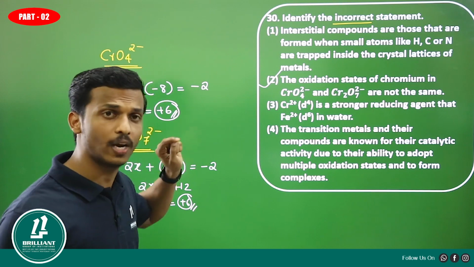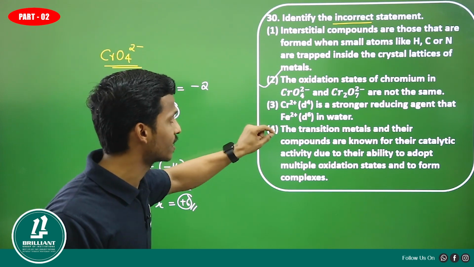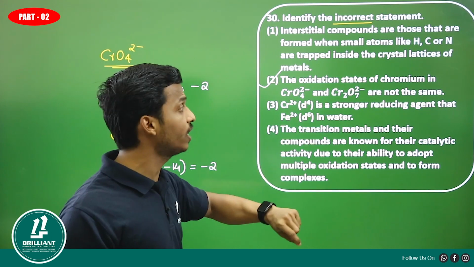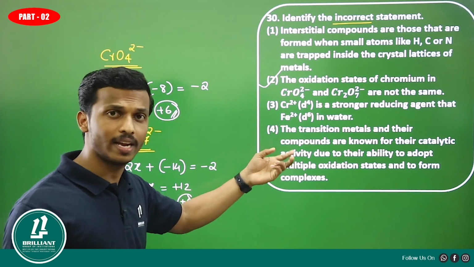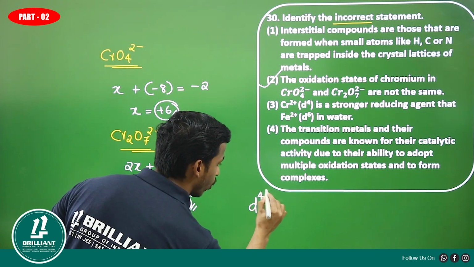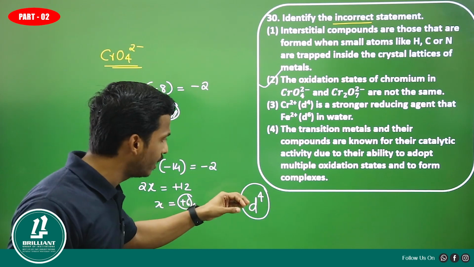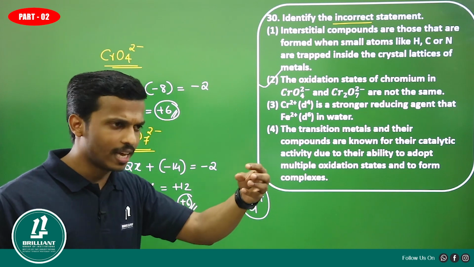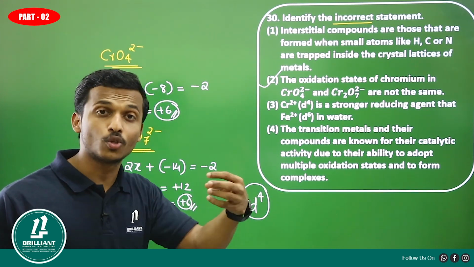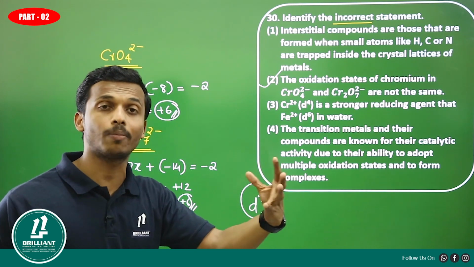Let me check it with the third one. Cr2+ with a d4 configuration is a stronger reducing agent than d6. Any doubt? Let's check it, student. d4 configuration means they will try to get one more electron to make it d5, half-filled stabilization.